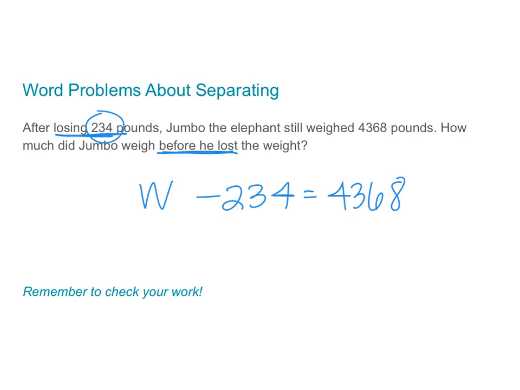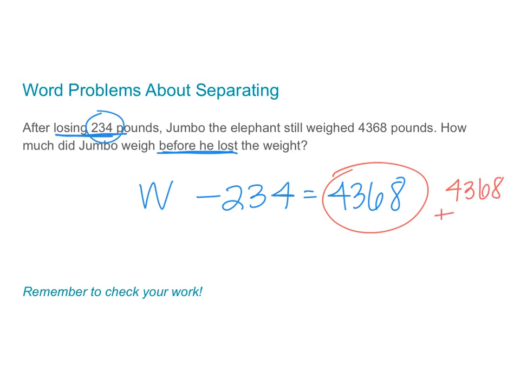Now, how do I solve this? You guys were showing me this on your whiteboards first. Your instinct is to start adding the two pieces together to figure out what he started out, or what Jumbo used to weigh. That is exactly how you solve this equation. We're going to take 4,368.